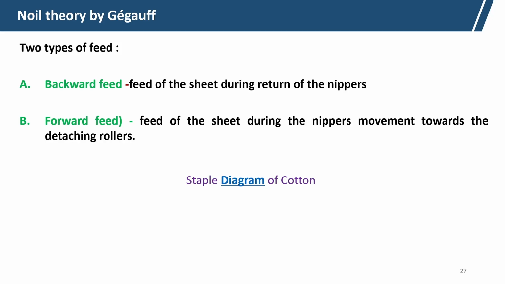The staple diagram I have shown is the typical staple diagram of cotton, and here it is assumed to be this triangle.